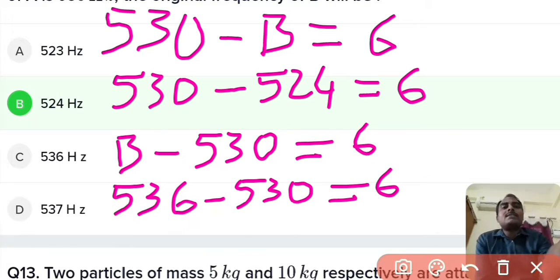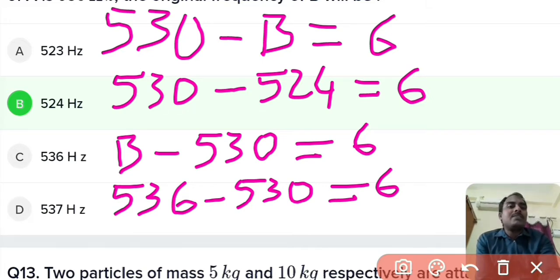So in the first case, if B frequency 524 is the correct one, after decreasing the frequency, if it becomes 523, then 530 minus 523 equals 7. So it is possible. But in the second case, if the frequency of B is 536, and it is slightly decreased, for example 536 becomes 535, then 535 minus 530 equals 5.